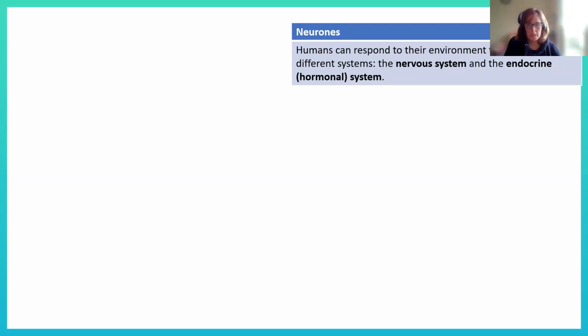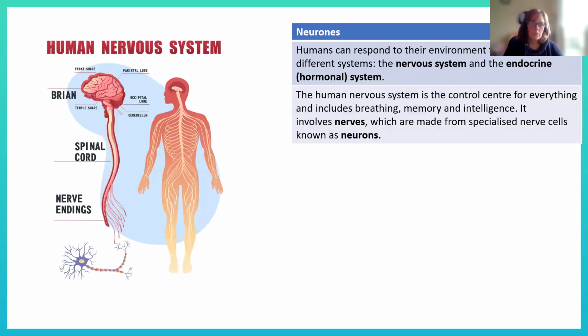There's the nervous system and there's the endocrine system, which is hormonal. The nervous system is for really fast responses compared to the endocrine system, which is a bit slower. The endocrine system tends to be longer, more permanent. So think puberty, pregnancy. Obviously pregnancy is not forever. It might feel like it, but it's not. It's just a longer process.